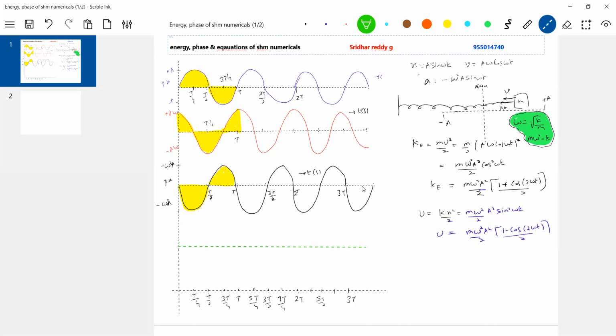Please try to notice the curve. So I'll go for the red and green color ones.